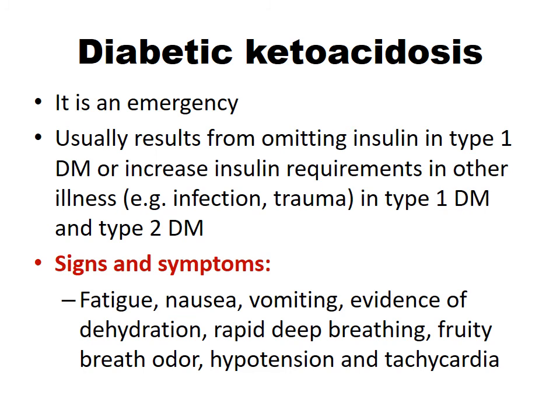Less common to occur in type 2 diabetes. Signs or symptoms of diabetic ketoacidosis include fatigue, nausea, vomiting, evidence of dehydration, rapid deep breathing, fruity breath odor, hypotension, and tachycardia.